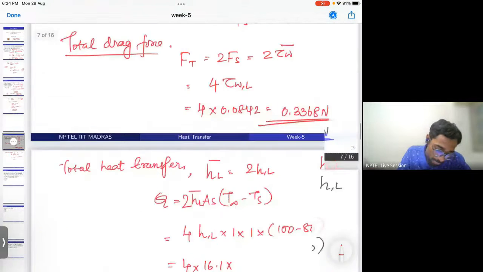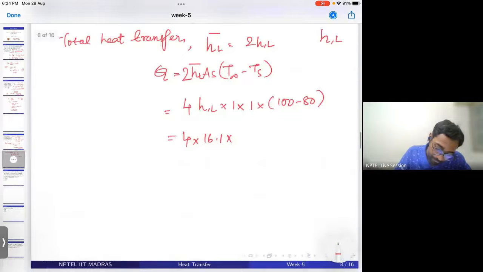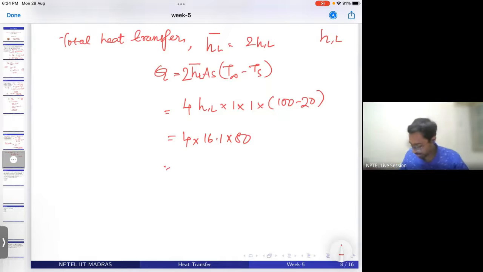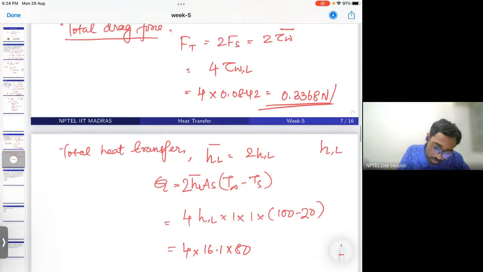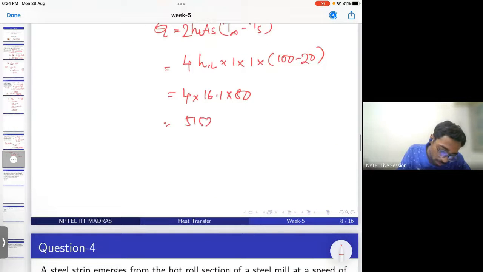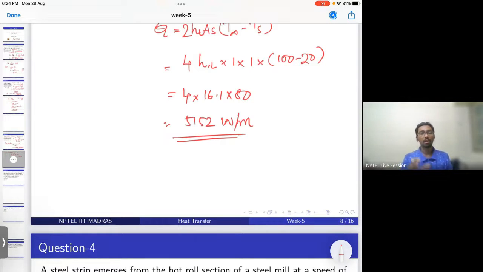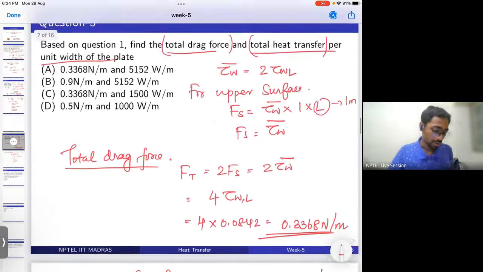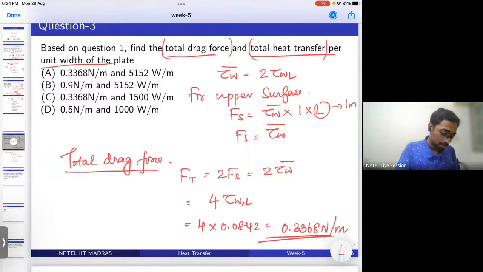It's 20. So this will be 80. So what will be the answer? The final answer comes out to be 5152 watts per meter width, since we are considering unit width. So this much watts per meter is the heat transfer, and it is happening on both sides.